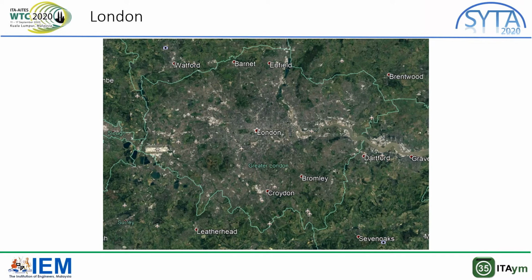So that's London in all its glory, established by the Romans in 47 AD. It survived the plague, the Great Fire, 2 world wars, times of trouble. Here it is today.